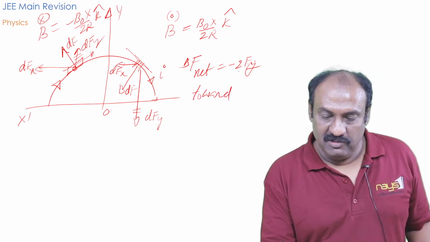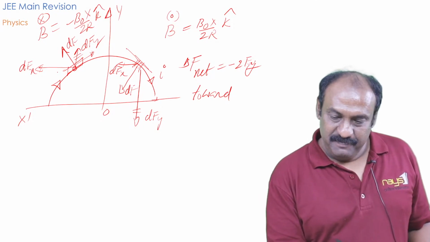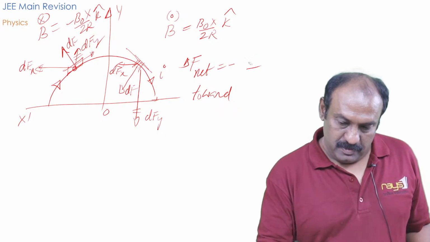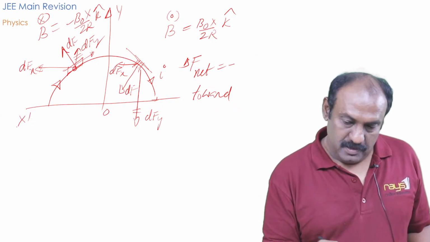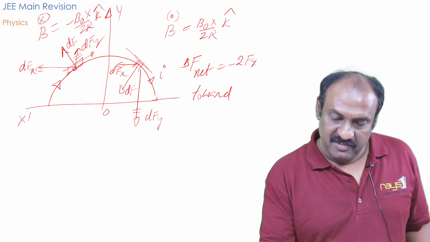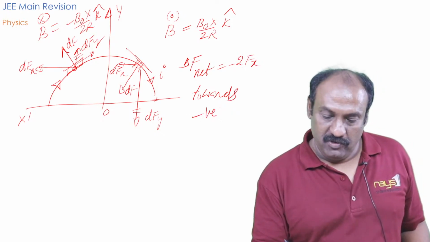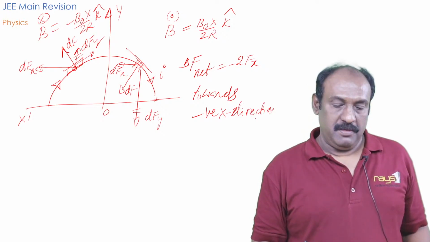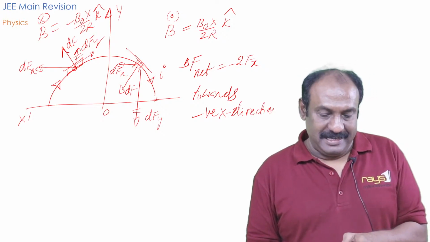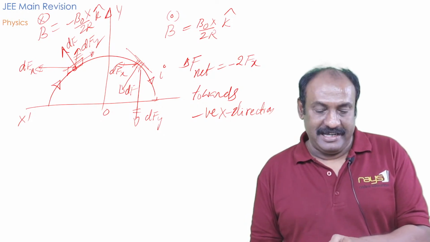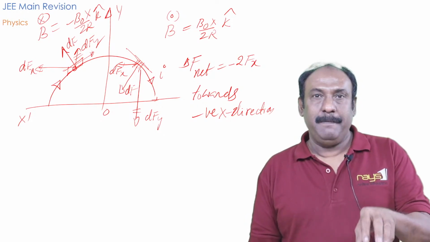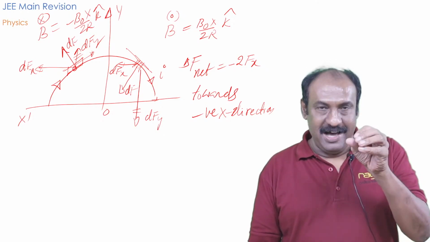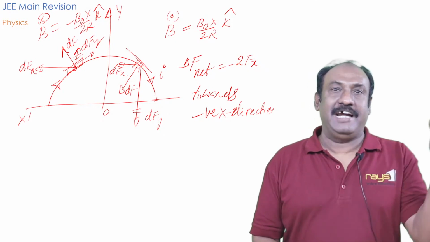So the net force on this clockwise current carrying wire kept in the magnetic field, which varies in accordance with the position, is towards the negative x direction.